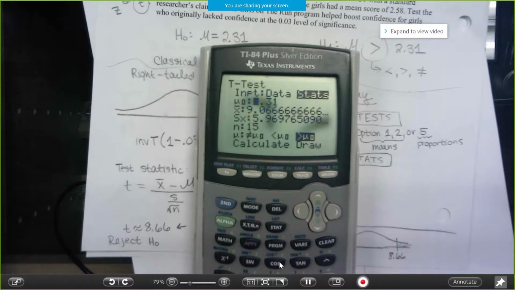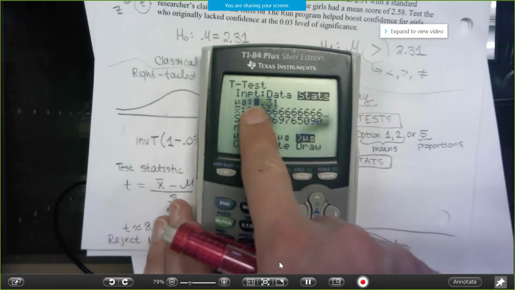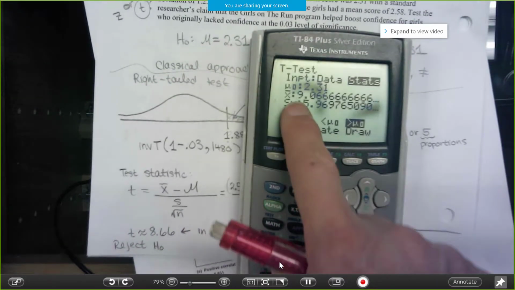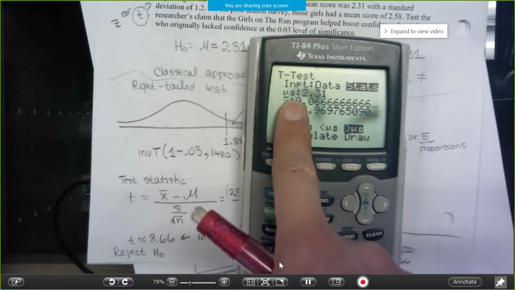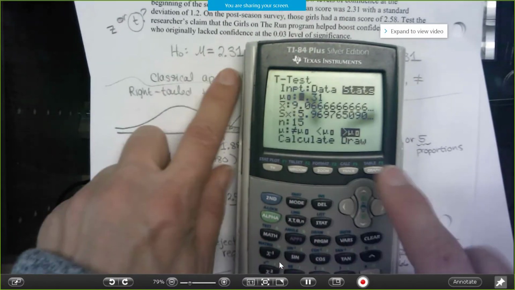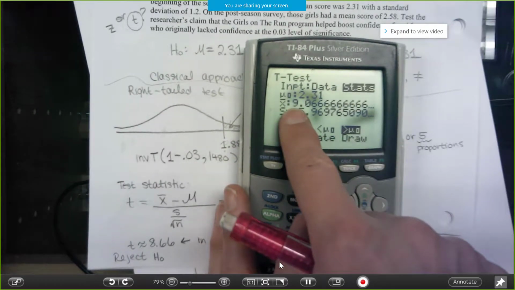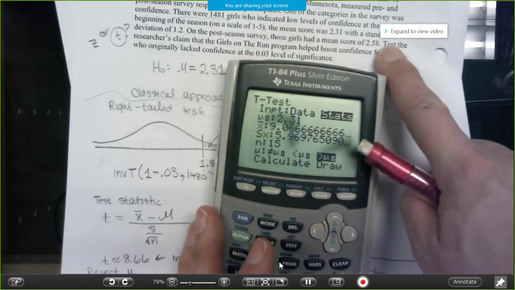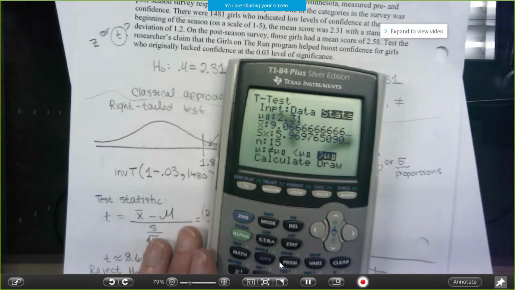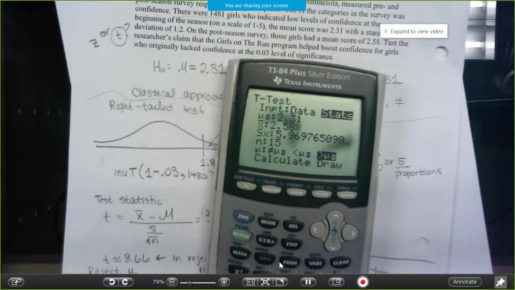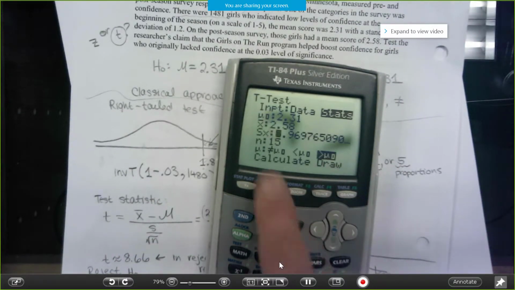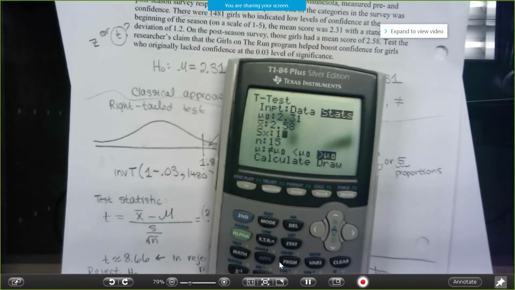I was doing this on my calculator. So the mu naught, the naught means what's from your null hypothesis. So it was 2.31. And then our X bar was 2.58. That's our sample average. The standard deviation was 1.2.